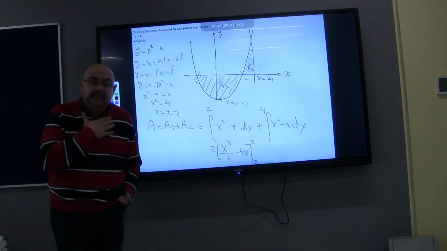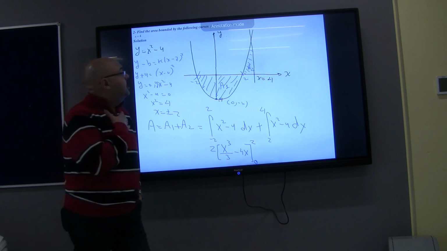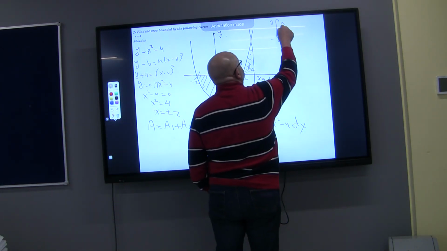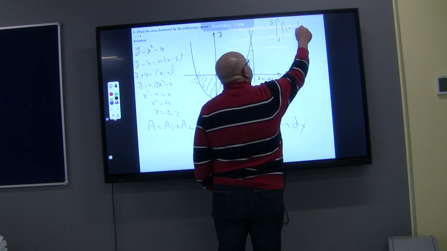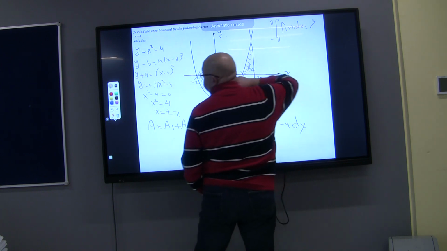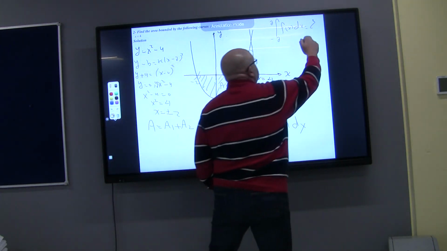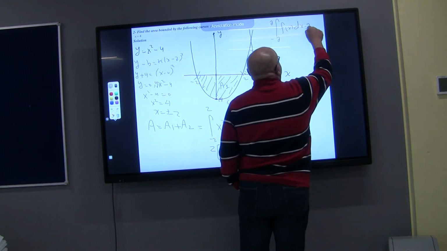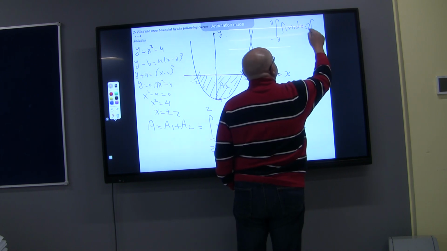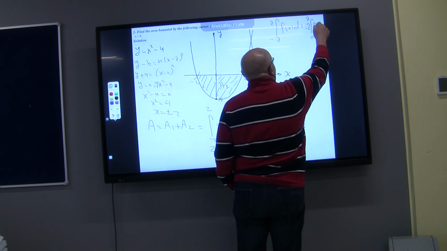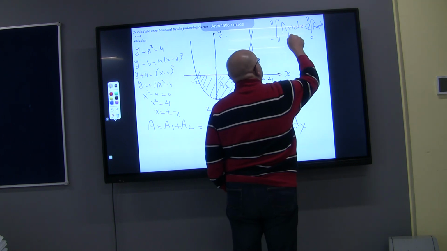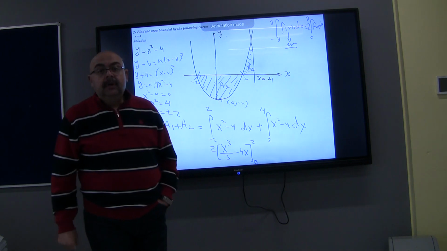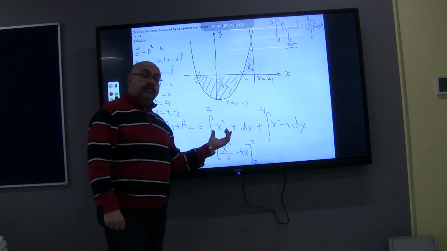From the properties of definite integrals, if I have an even function and we are integrating from negative a to a of f of x dx, it is going to equal 2 times the integral from 0 to a of f of x dx. Since f of x is an even function, x squared minus 4 is an even function.